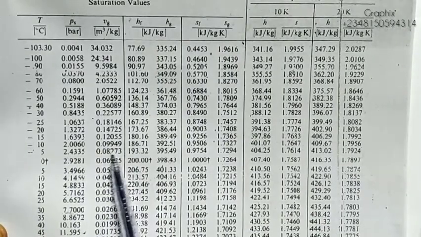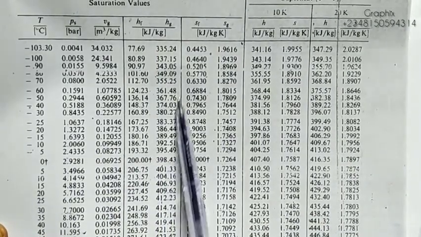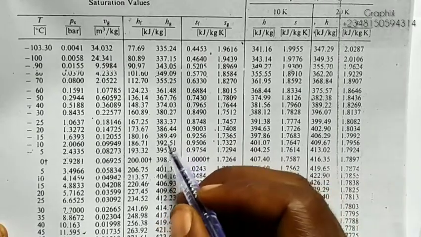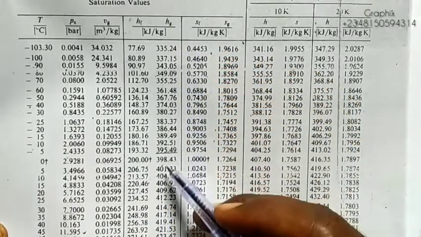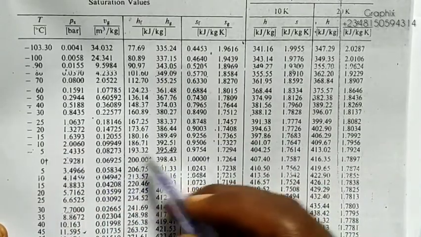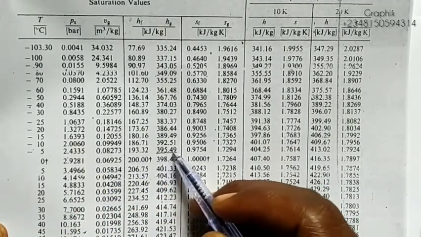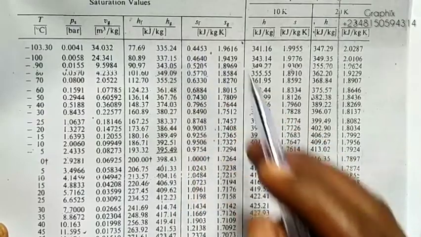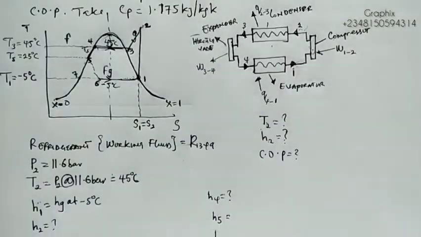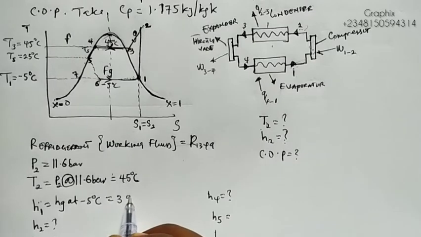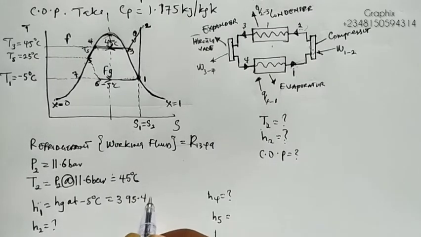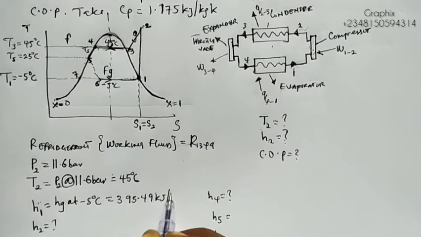This is -5 and this is Hg here. Can you see? This is where they meet at this point here. So Hg coming down is meeting -5 here. So it is 395.49 kilojoule per kilogram.